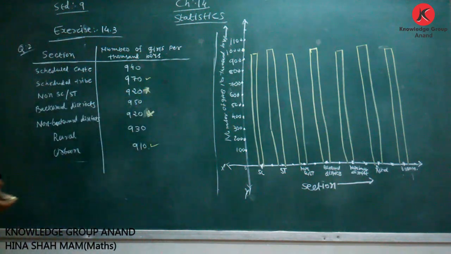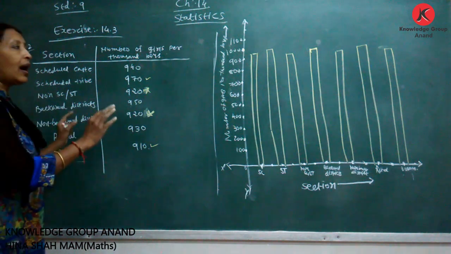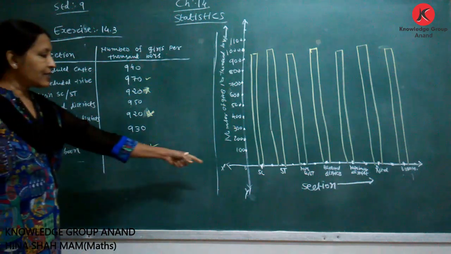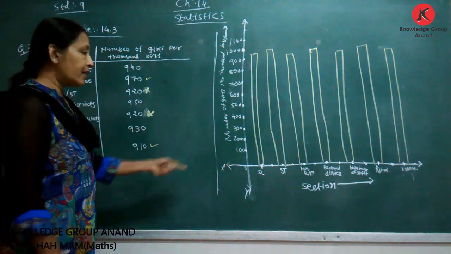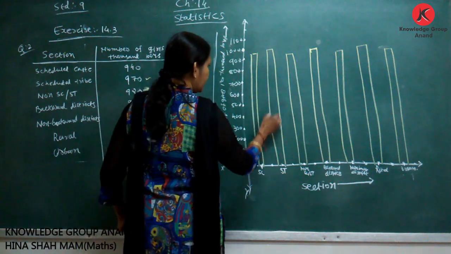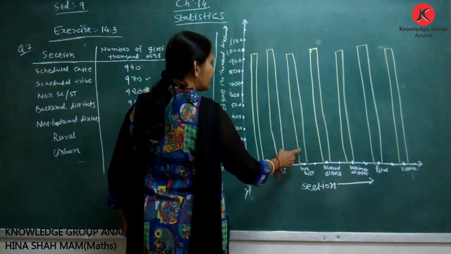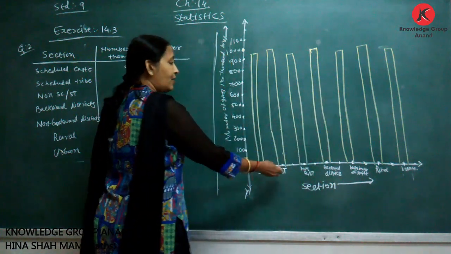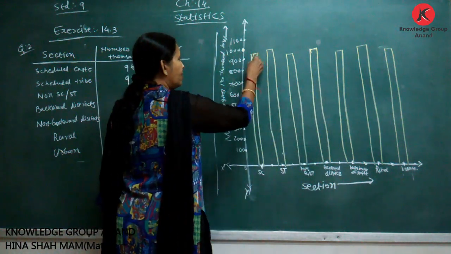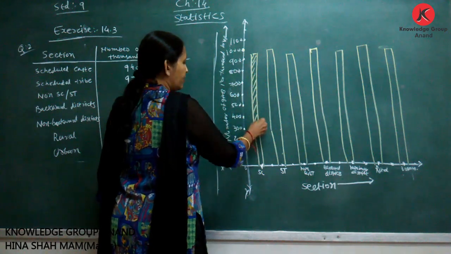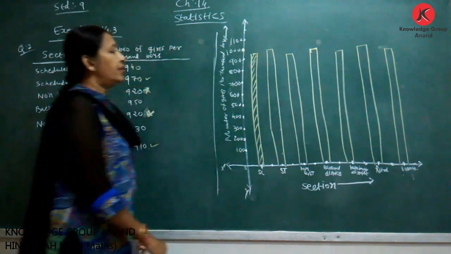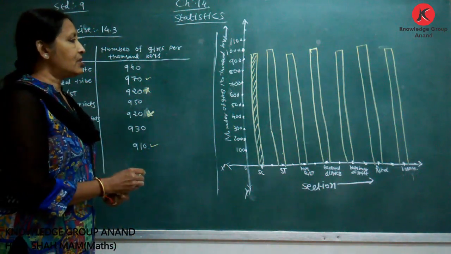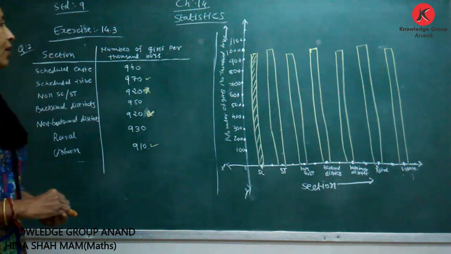But first we draw, how do we draw this bar graph? We take the section on the x-axis, and we write scheduled caste, scheduled tribe, non-SC/ST, backward districts. Otherwise you can take your own design in this part.